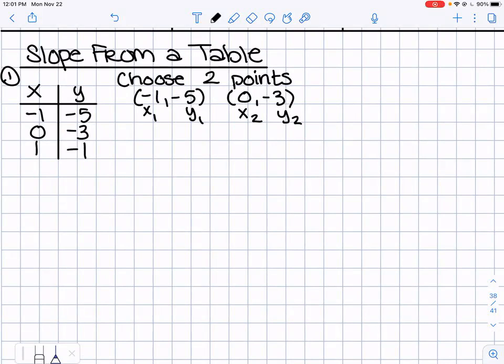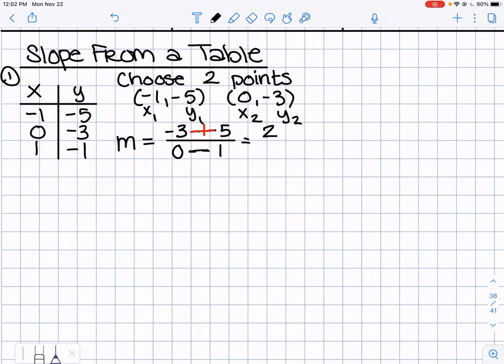Okay, so what's the equation for slope? m equals y2 minus y1 divided by x2 minus x1. What's y2? y2 is -3, minus -5. And then the bottom is 0 minus -1. So what's -3 minus -5? What happens there? You add them. What's -3 plus 5? 2, right?